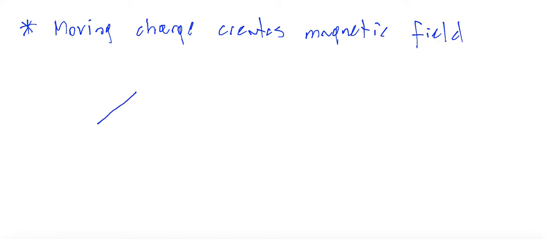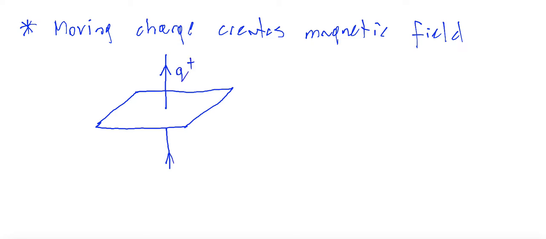It's a 3D picture, so I'm going to create a plane through which this line passes. This is the line along which this charge moves, and let's imagine that our charge is positive. So the charge travels from the lower part of the screen to the upper part of the screen and passes through this plane, which is perpendicular.